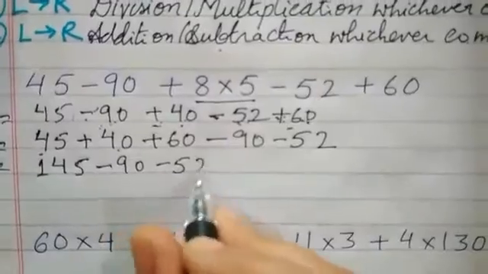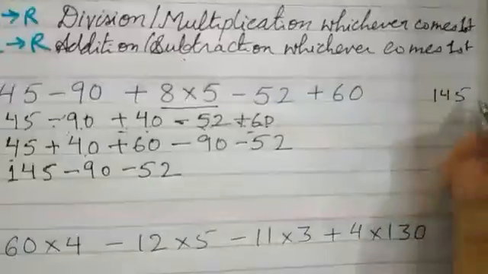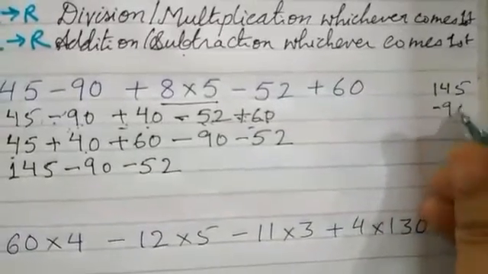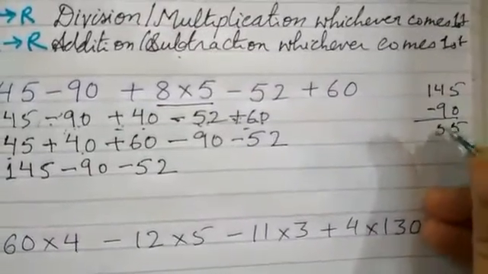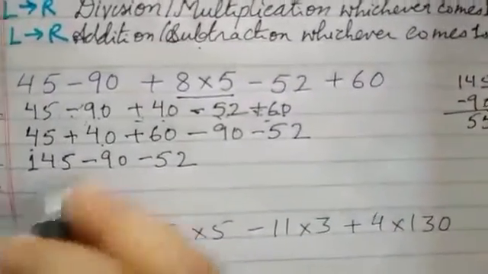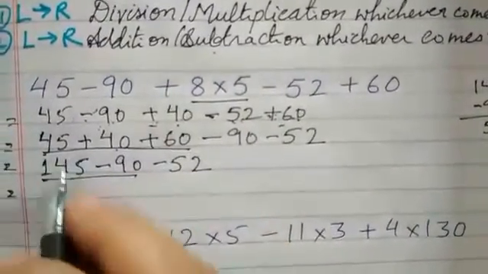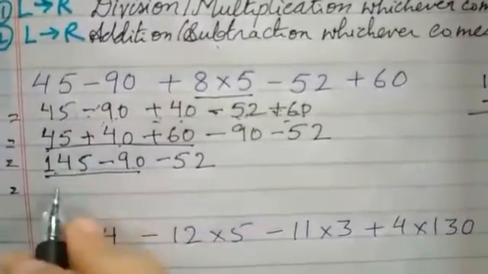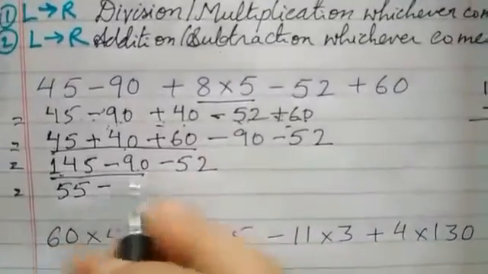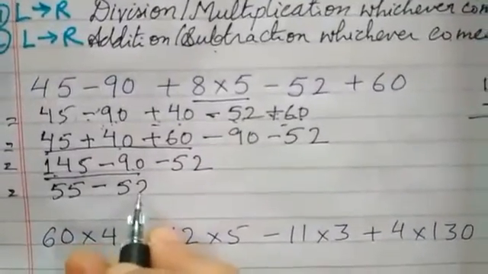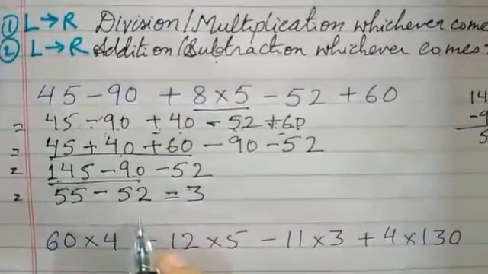Show your calculation as rough work on the side. 145 minus 90: 5 minus 0 is 5, 14 minus 9 is again 5. So 145 is the addition of these three numbers, and when we subtract 90 from 145 we get 55. From this 55, when we subtract 52, the difference is only 3. So 3 is our answer.